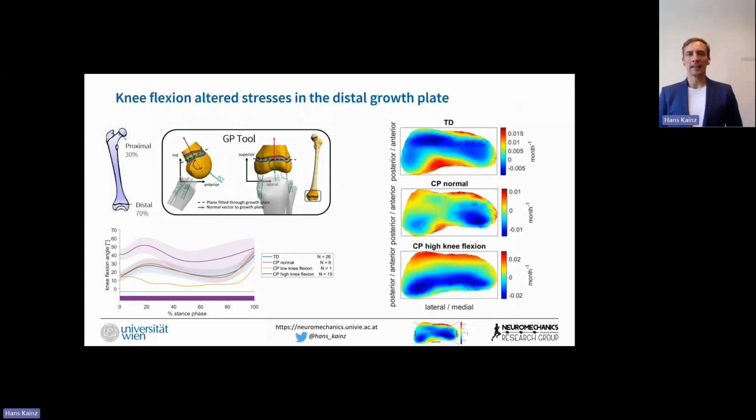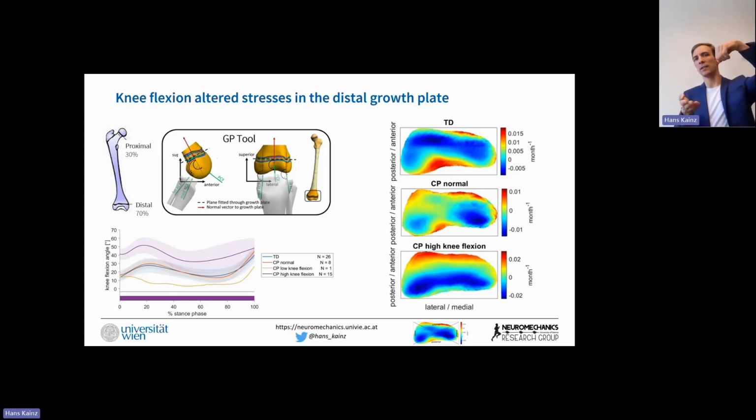What we then found is that there were quite some differences in the osteogenic index of the distal growth plate. Again, red areas, growth is promoted, blue, growth is inhibited. As you can see, from the top to the bottom, at the bottom were the CP children with the highest knee flexion, there we could see that growth was primarily promoted at the anterior region.